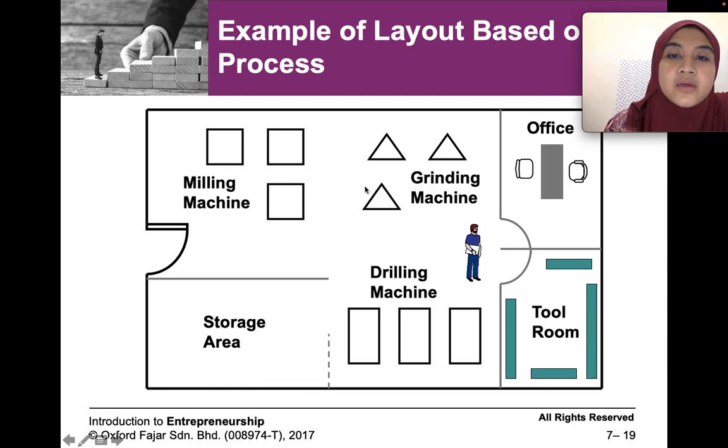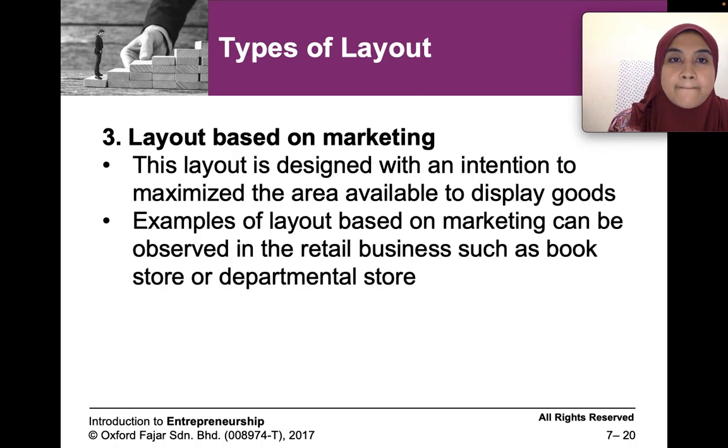For example here, there are three machines that can be used for the milling process, three machines for the grinding process, arranged here beside the office, and three machines for the drilling process.